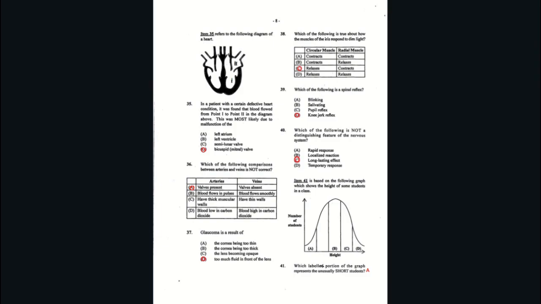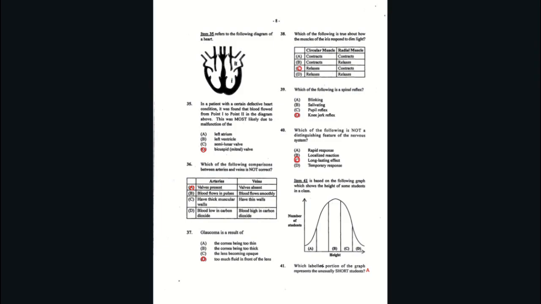And temporary response, because when a neuron fires, it doesn't stay in your body permanently. Your sensory neurons come in, then the spinal cord, central nervous system and brain send it back down, and you get the motor neurons to make a response. That's a very fast process, right? So it's not a long-lasting effect.